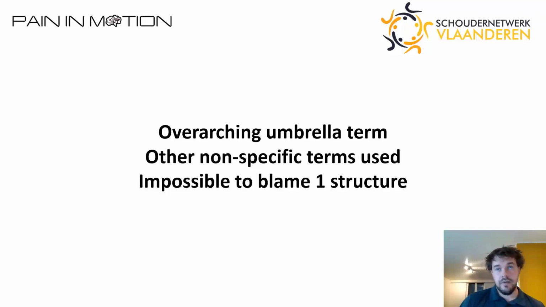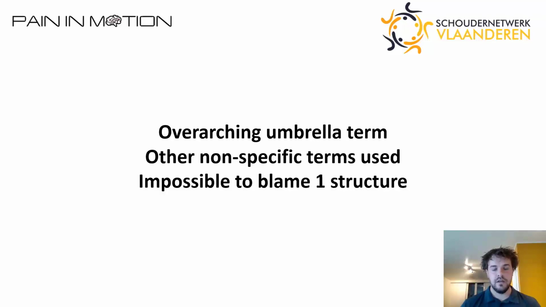The suggestion by Littlewood and colleagues is closely related to the most recent definition of tendinopathy, but within these shoulder pain patients, it is rather impossible to blame one structure for all pain.